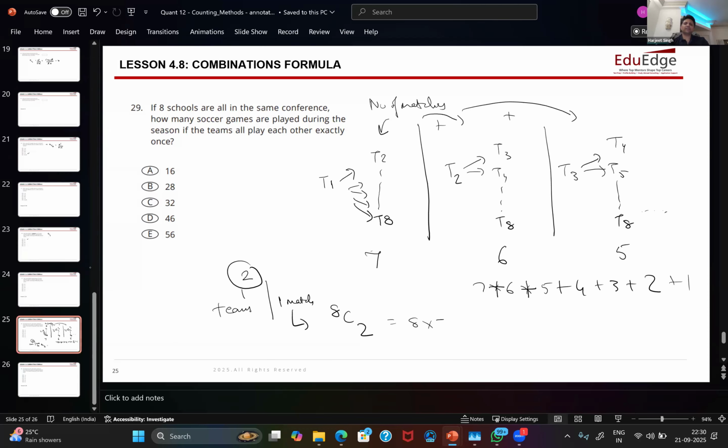So this will be 8 into 7 divided by 2, which is 28. Which is also equal to this 28. So method 1 and method 2.